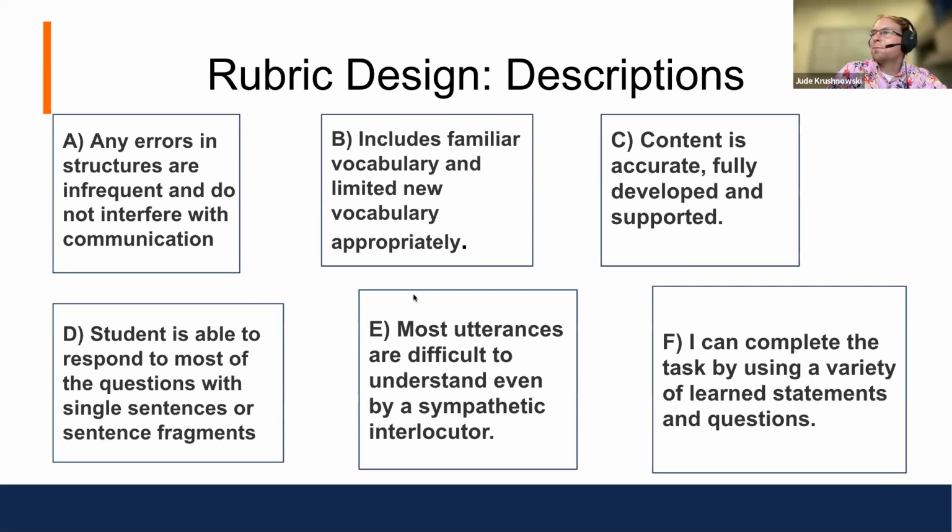To be fair, maybe she was primed for that since we'd already seen that one in a previous slide. But: any errors in structures are infrequent and do not interfere with communication. This is one where we're targeting errors in structures, language control or grammar, but then also bringing in that comprehensibility piece, so that we're not targeting two separate criteria at the same time.